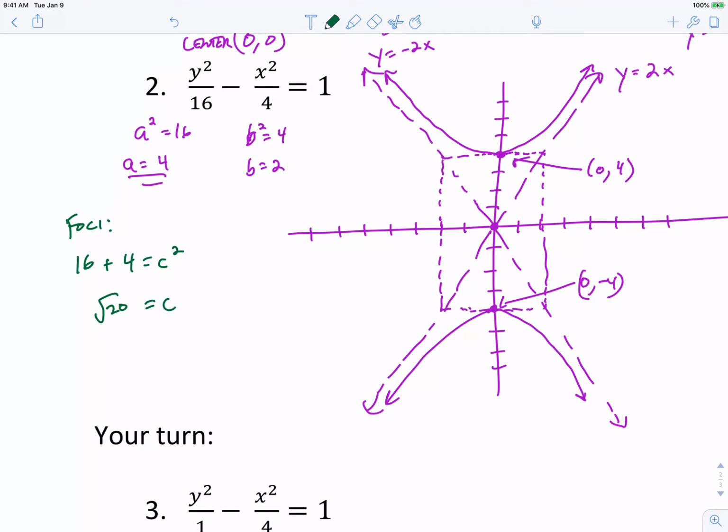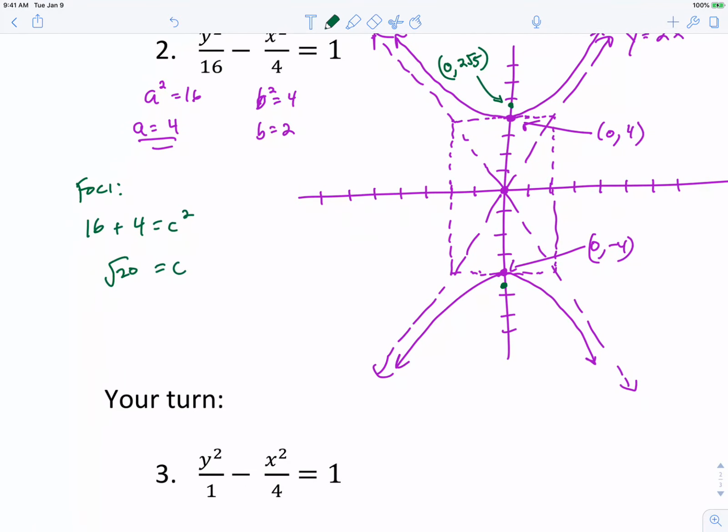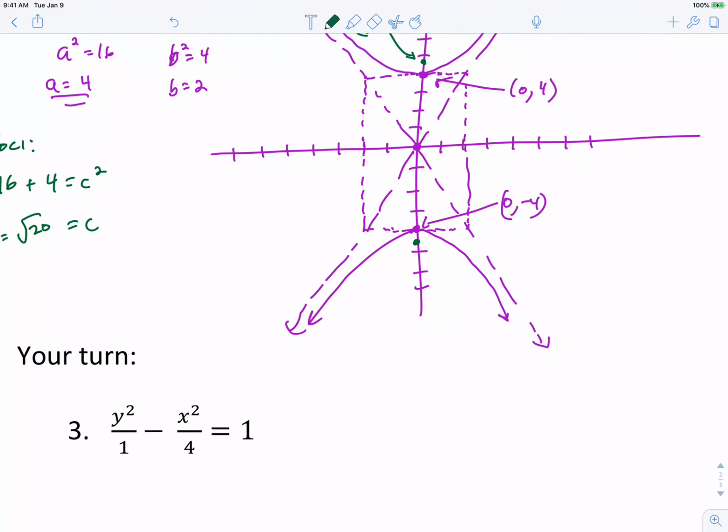I don't have to be that accurate when it's root 20. Same thing down here. In coordinates, it's 0, and then I can simplify it, 2 root 5, because 20 simplifies to 4 times 5. And this one would be 0, negative 2 root 5.